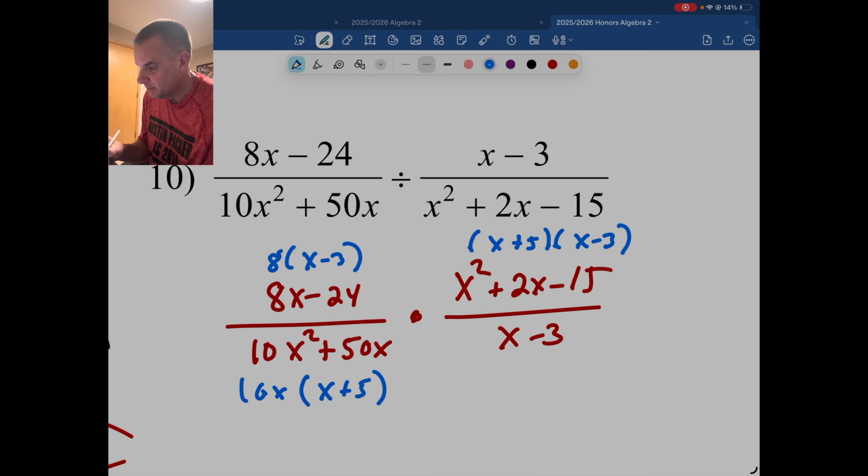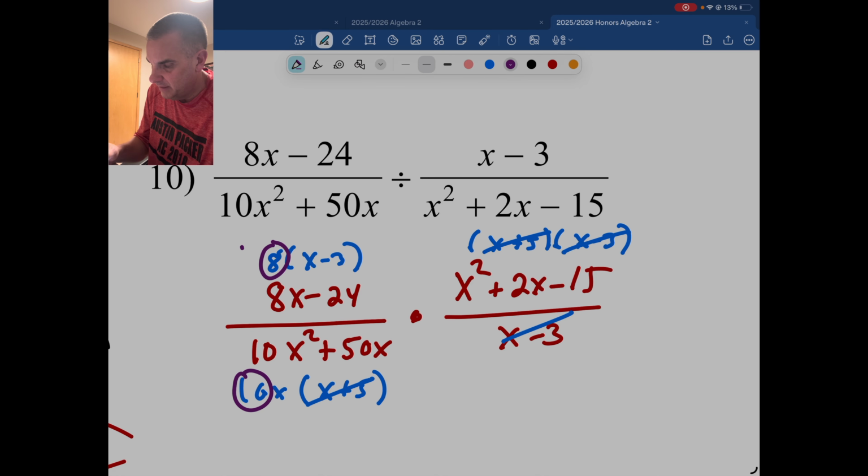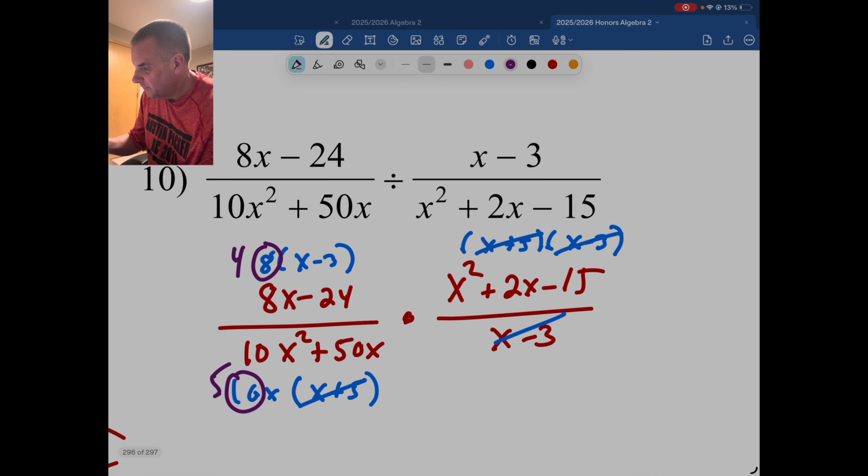So we've got x plus 5, x plus 5, x minus 3, x minus 3. And then we have an 8 and a 10. So 4 and 5. So on the top, we've got 4 times x minus 3.